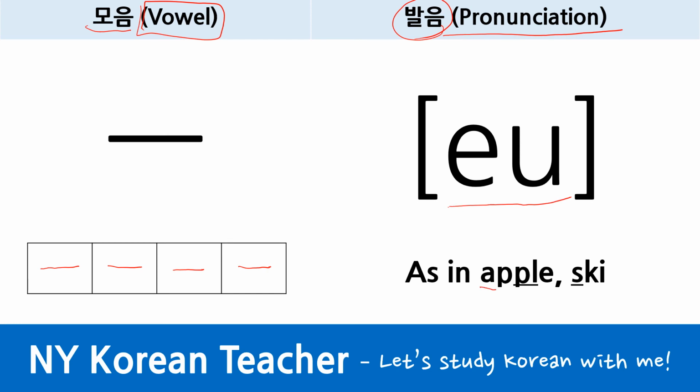I put two words here, like 으 as in apple, ski. So I just made the underline below the letter, not with the red letter, because there is no exact same pronunciation in English. So just try to repeat after me for this letter.